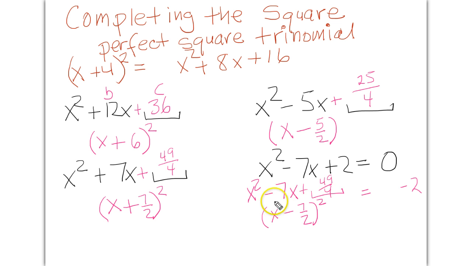Now, up to before I added the 49 fourths, this was still an equation. Now, to keep it an equation, since I'm adding 49 fourths here, I have to add 49 fourths to the other side also. Now, since I want to be able to add these together or subtract them, I have to make this 2 an equivalent fraction that has 4 as a denominator. Well, remember, this is 2 over 1.